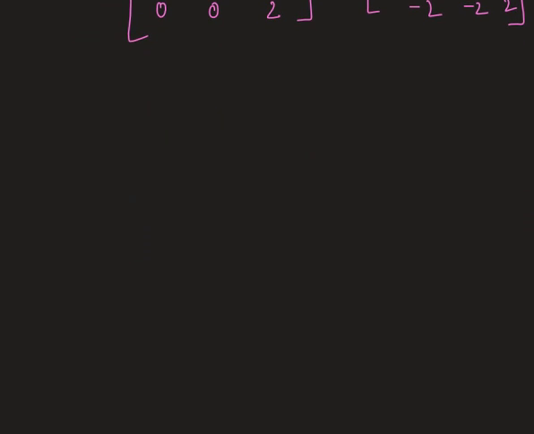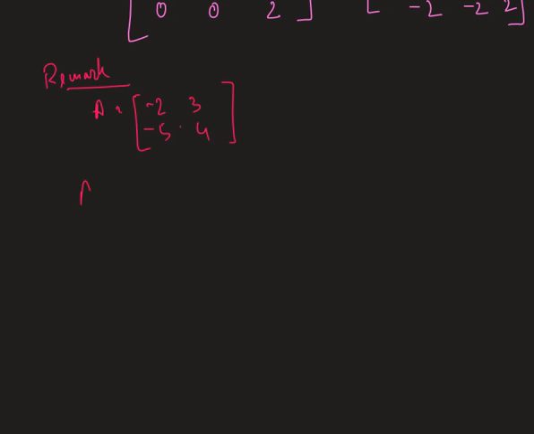Now, one remark that you need to know, that is the adjoint of a matrix of order 2. Suppose we have a matrix A of order 2 cross 2, that is minus 2, 3 and minus 5, 4.